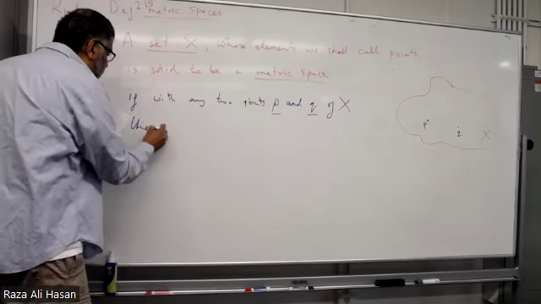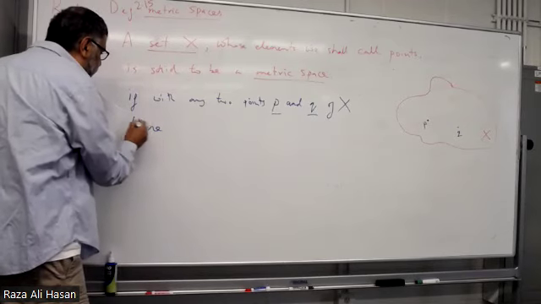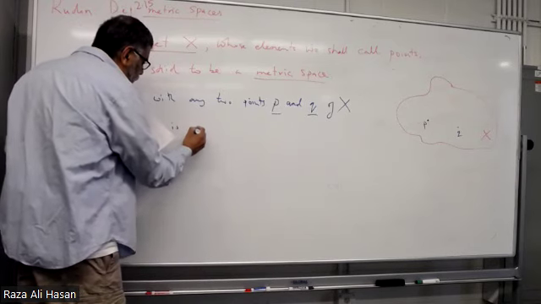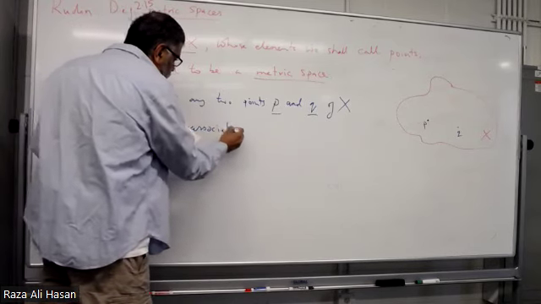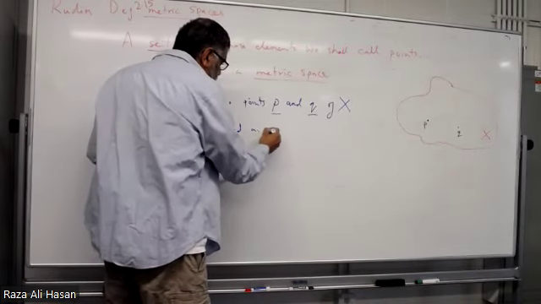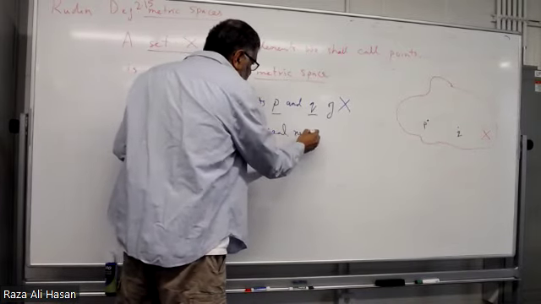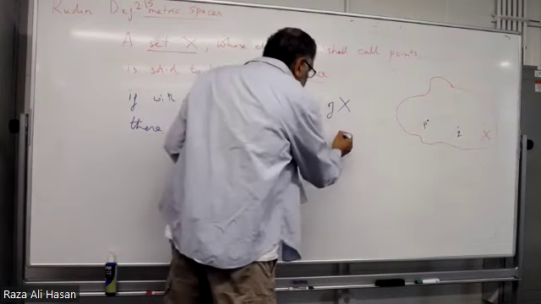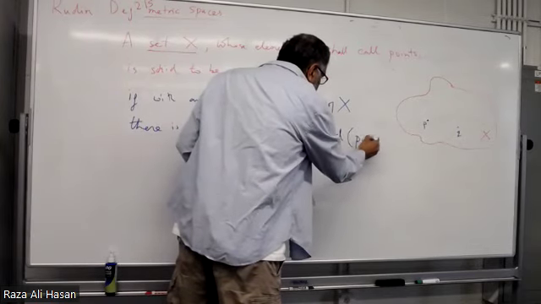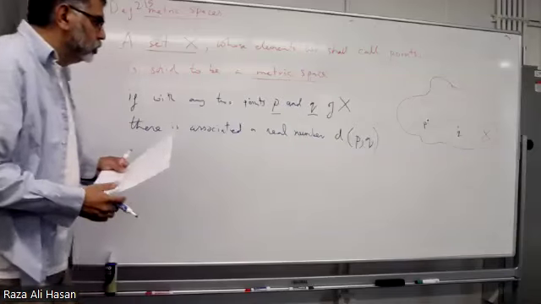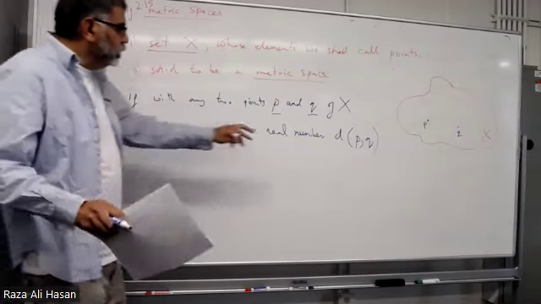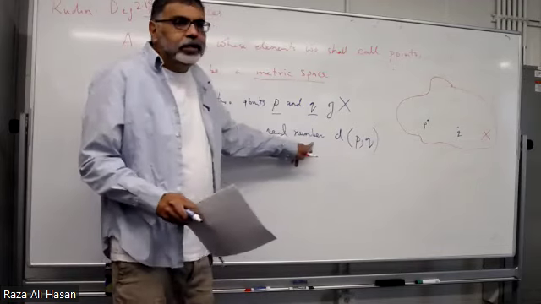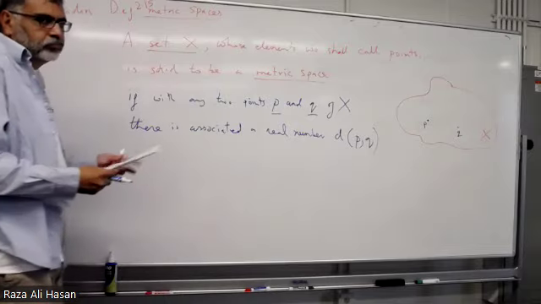So for any 2 points P and Q, there is an associated real number. The real number is usually just one thing, right? One number. And that number, we're calling it d(P, Q). So we put the 2 points into the function d, and it returns a real number. So this is a function.